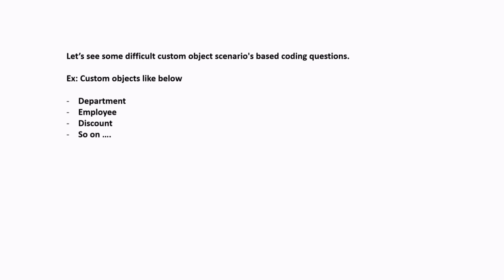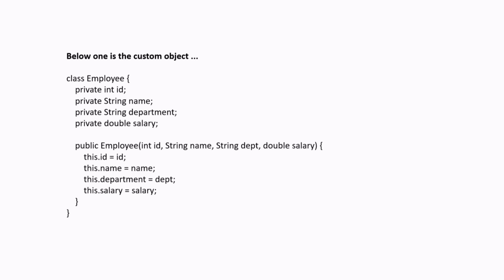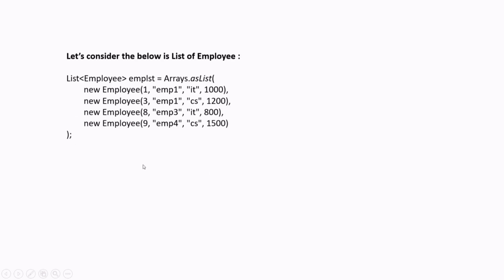As part of the custom object, we are going to have an employee object which has 4 fields: employee ID, name, department, and salary, and we have an all-argument constructor. In the next PPT we can see the given list of employees.